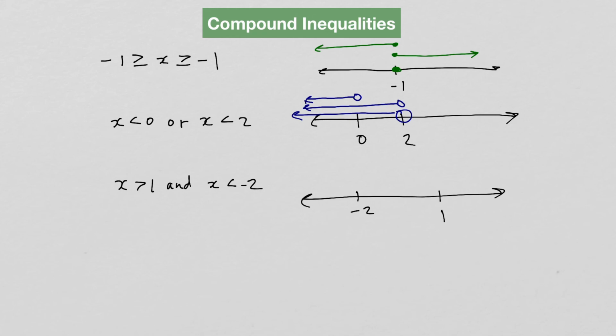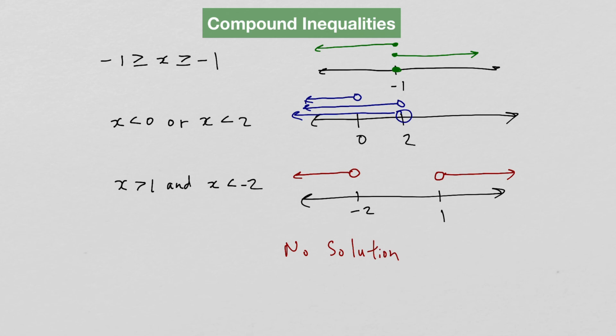So the first one tells us that x is greater than 1, so open at 1 and go to the right. And then x is less than -2, which means open at -2, and we go to the left for less than. Okay? Because this is a conjunction, meaning we have to find all values of x that satisfy both of these criteria, there is no solution because nothing satisfies both. So the answer is no solution.